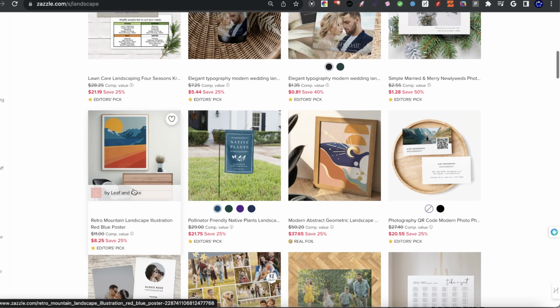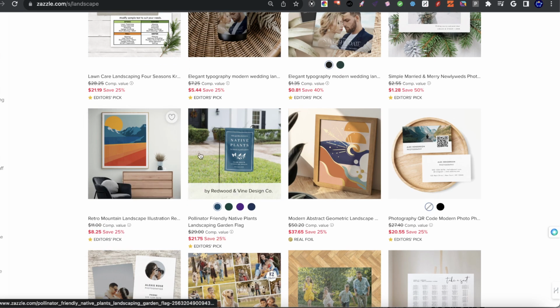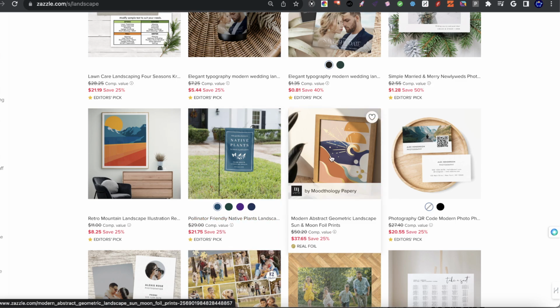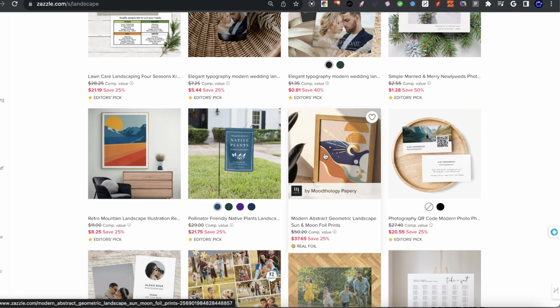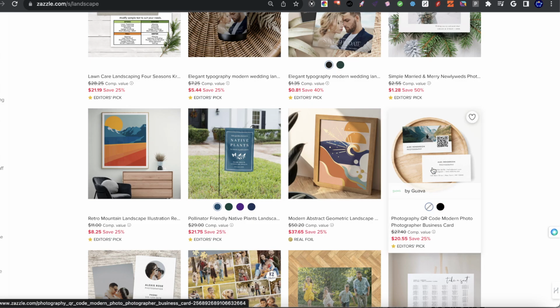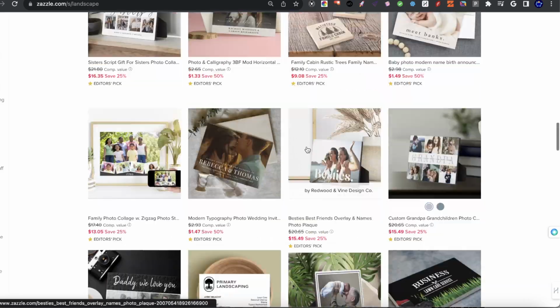We also have a picture of a landscape, an illustration. And another customizable flag, landscaping related. We have a picture of a landscape, not similar in terms of the art, but similar in terms of the purpose. And then we also have a customizable business card and so on. All of these other ones are pretty much customizable.